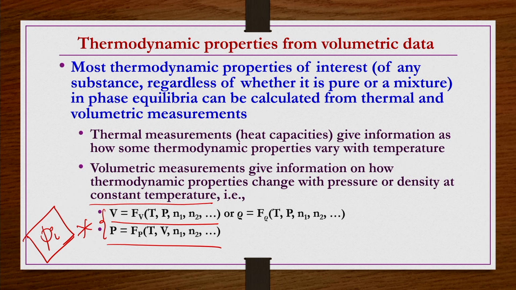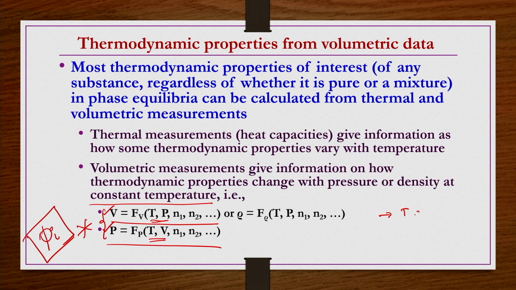Okay. So, we are going to derive relations for this phi if you know either this function or this function. Actually they are the same, but what is the difference here? Independent variables are temperature, pressure and composition in one case, and in the other case temperature, volume and composition. So, what we do, one case we take at constant temperature and composition, and another case at constant temperature and composition again.